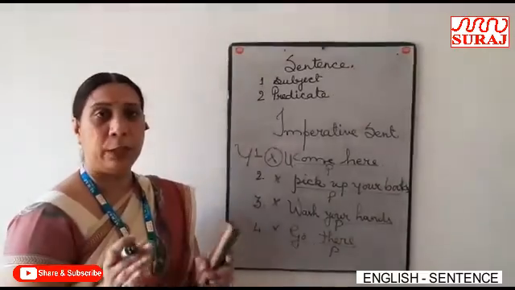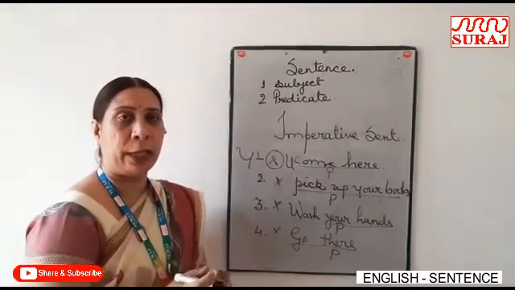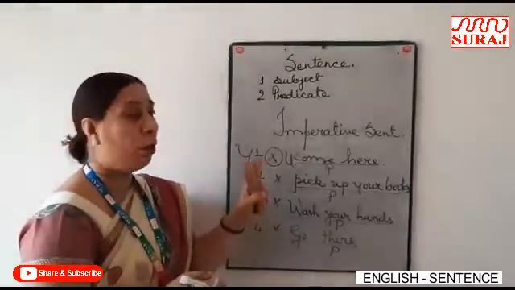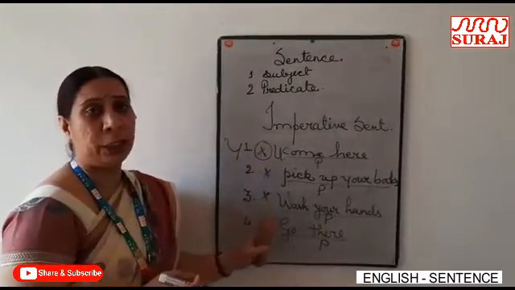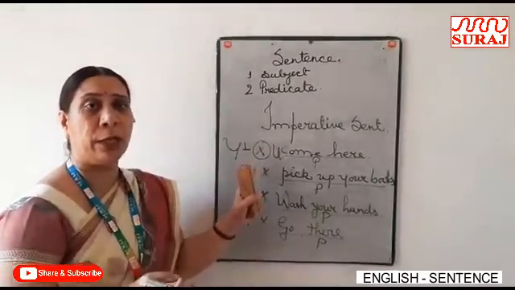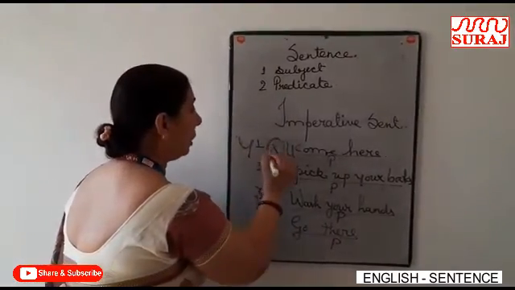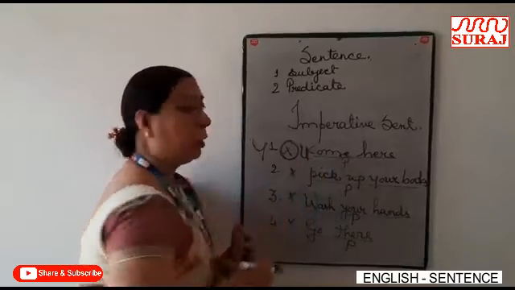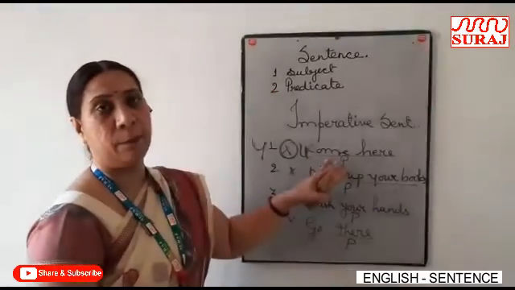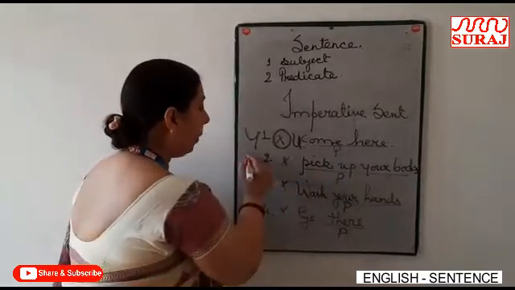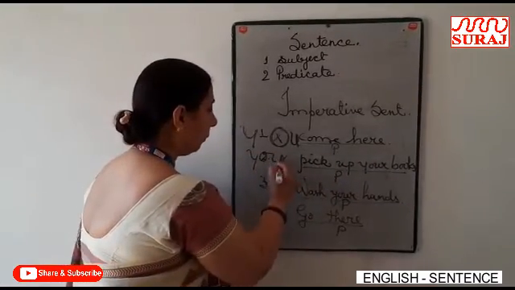If we are told to find the subject and there is no particular subject like he, she, it, they, Ram, Shyam or any other, then we have to tell that you is the subject in these sentences. You pick up your books.